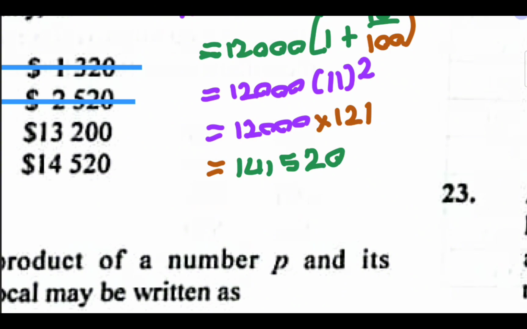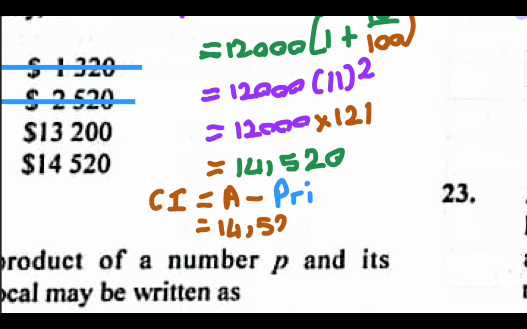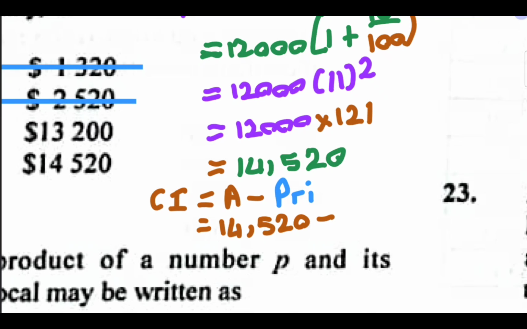Notice in the question, they did not ask us for the amount. What they asked us for was the compound interest. And so the compound interest will be the amount minus the principal. The amount is 14,520, while the principal is what you started with, which was the 12,000.